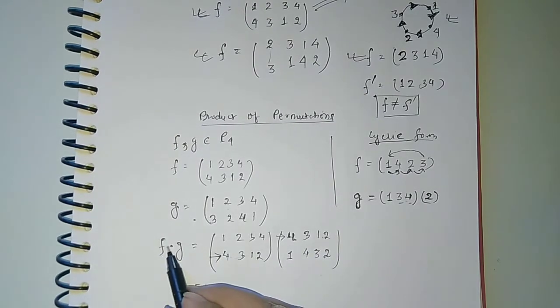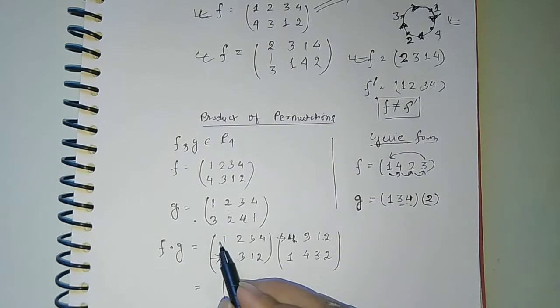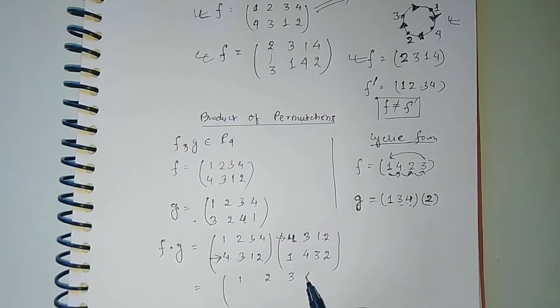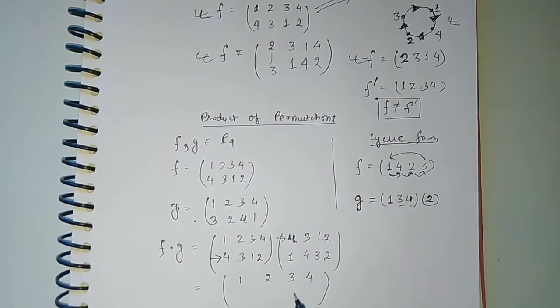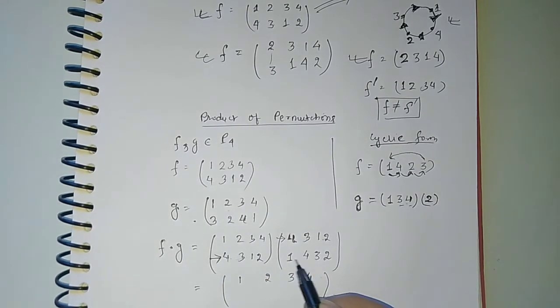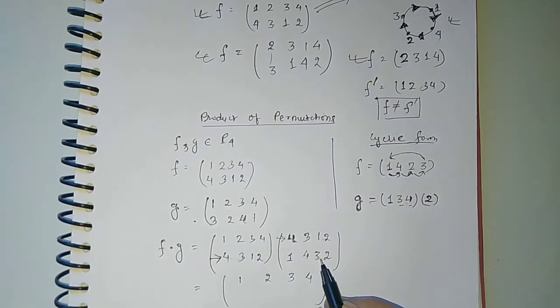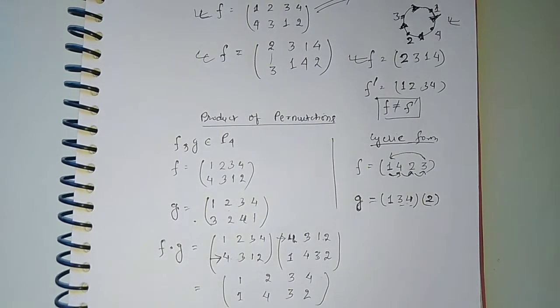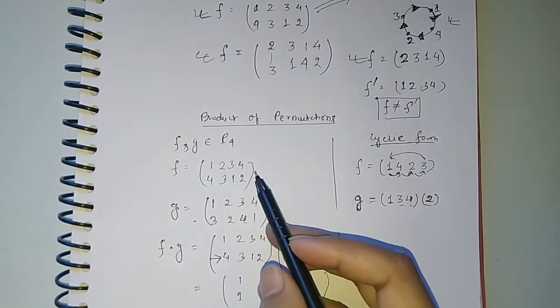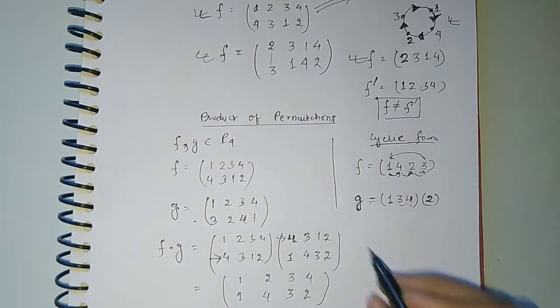So in the process of multiplication F into G, first we write the first row of F, that is 1 2 3 4, and write the second row of G, that is 1 4 3 2. So this is the process of multiplication of F and G in this form.